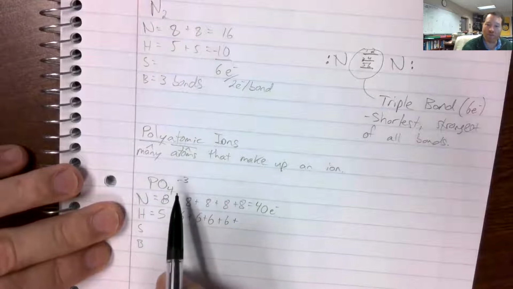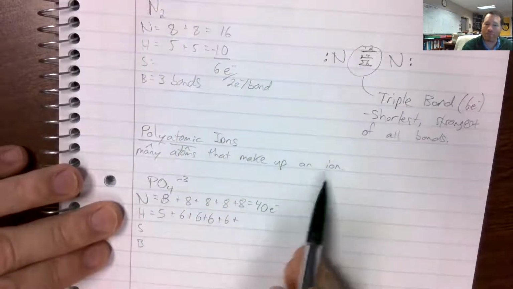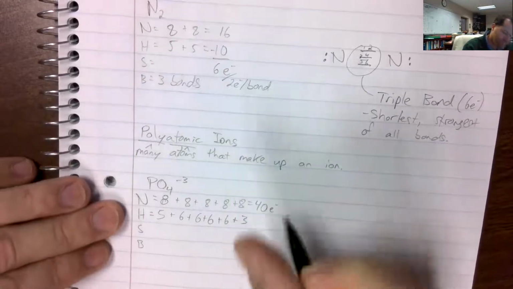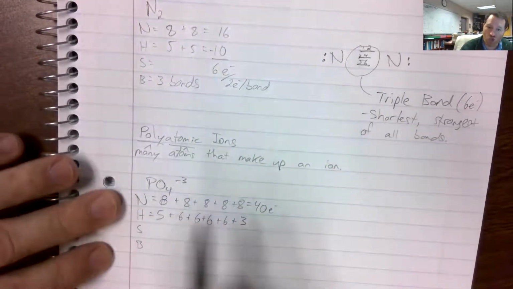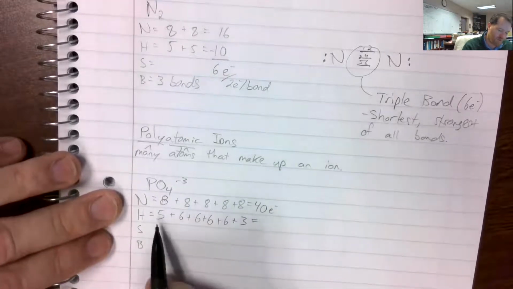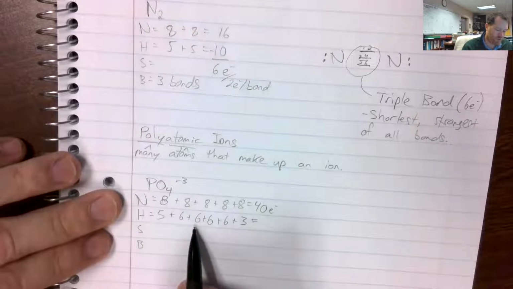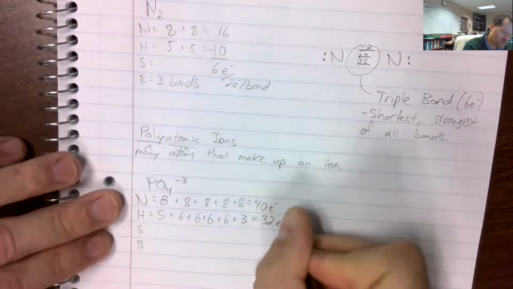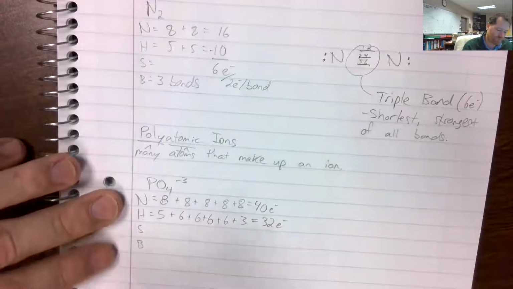That -3, that's how we know it's an ion. That's 3 additional electrons. Electrons have a negative charge, so we've got 3 more of them here. So 5 plus 6 is 11, plus 6 more, 17, 23, 29, 3 is 32 electrons, what we have.